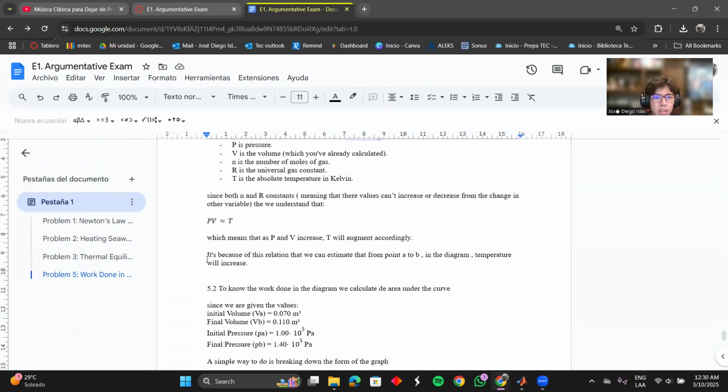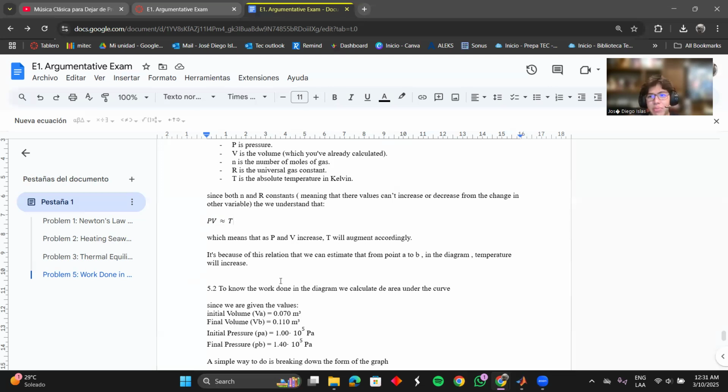We get that as much as this and this increase, this will also increase. If this and this decrease, then this will decrease. Why? Because a lower number times a lower number is equal to a lower number. But if you increase those numbers, then the result will be a higher number, right?